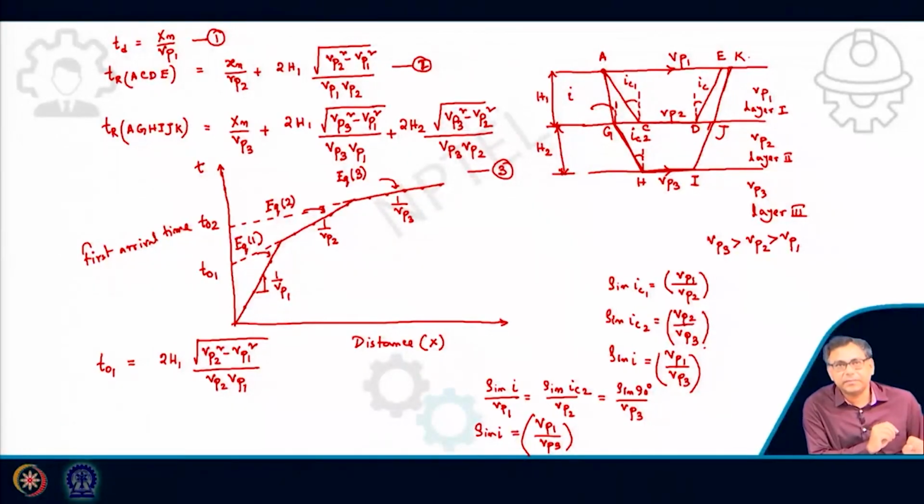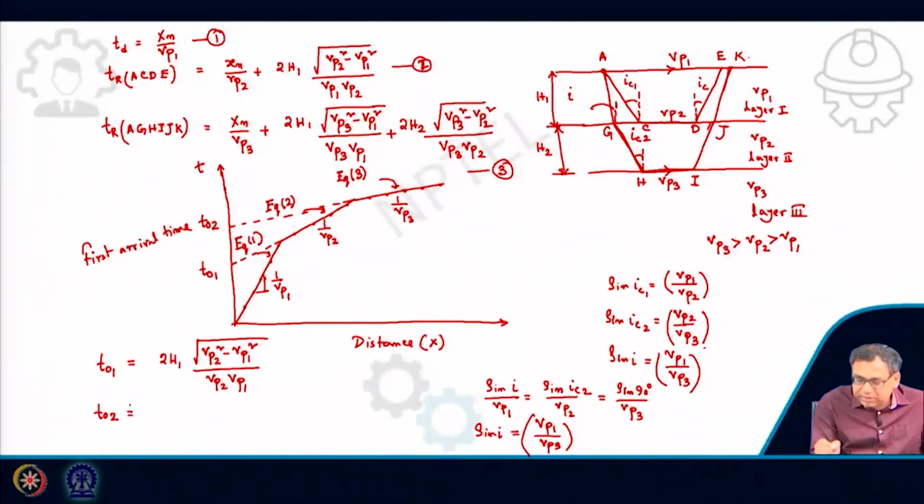I have discussed. Now if I put T02 in equation number 3, this is equation number 2, this is equation number 3. Okay, T02, this part will be 0.